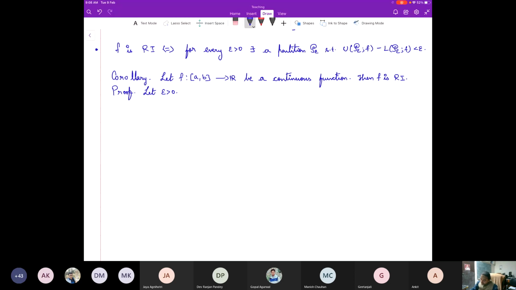Now I have a continuous function, and therefore since f is continuous, there exists delta greater than 0 such that |f(x) - f(y)| is less than epsilon whenever |x - y| is less than delta. Right.